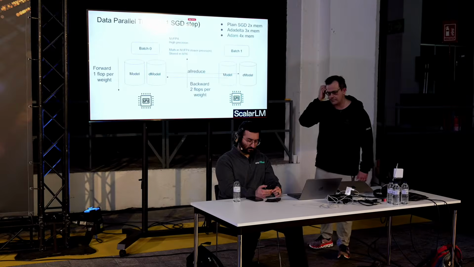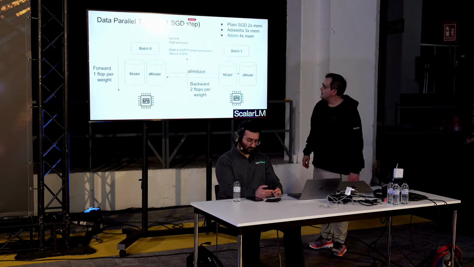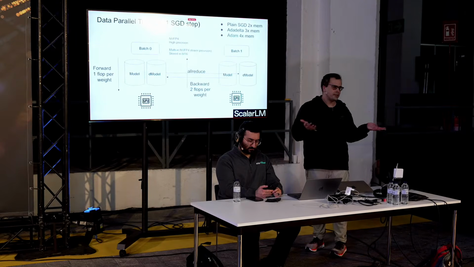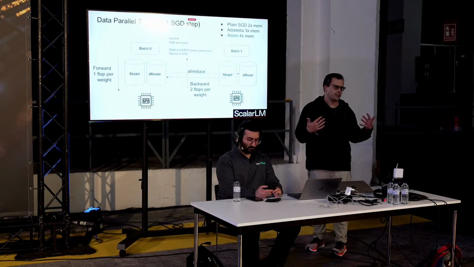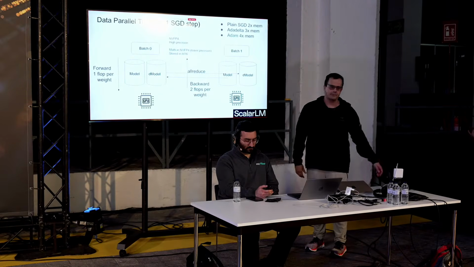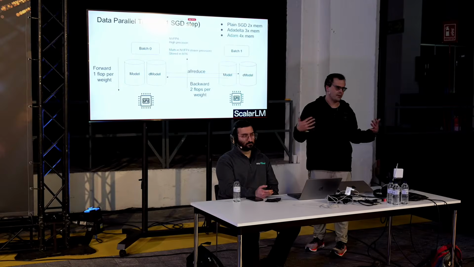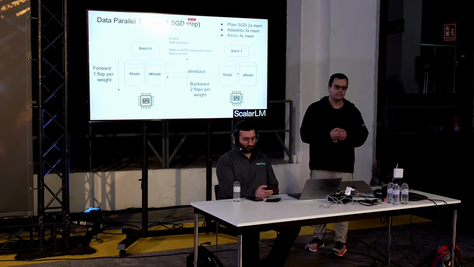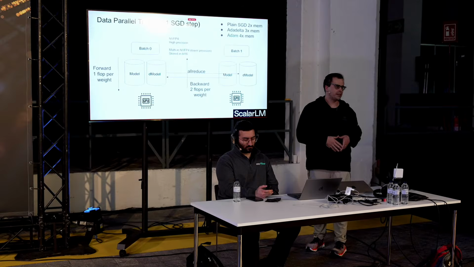And then one thing I didn't mention is how do the models synchronize. All the different GPUs have their own version of some weights. You need to make sure that they all agree with each other. Otherwise, you get 1,000 different models rather than one model. You want one model.